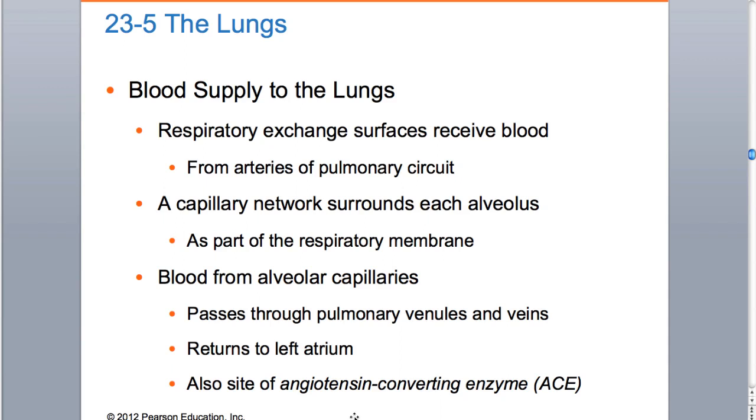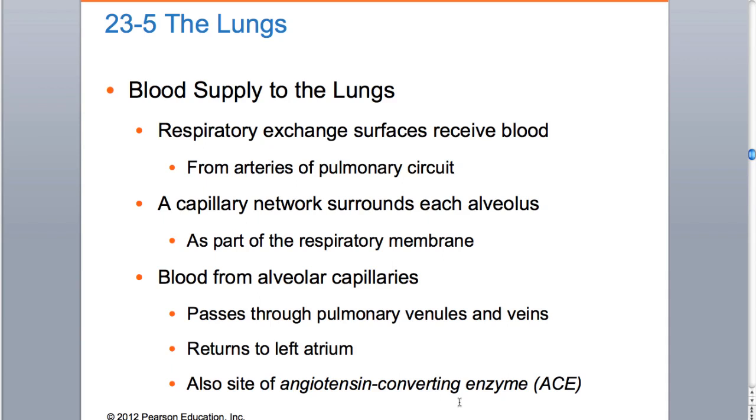But we also have this thing down here. It is also where ACE, angiotensin converting enzyme, is made. Now, why do I need this? This is where the RAA story that you heard of in the heart chapter and the blood vessel chapter.